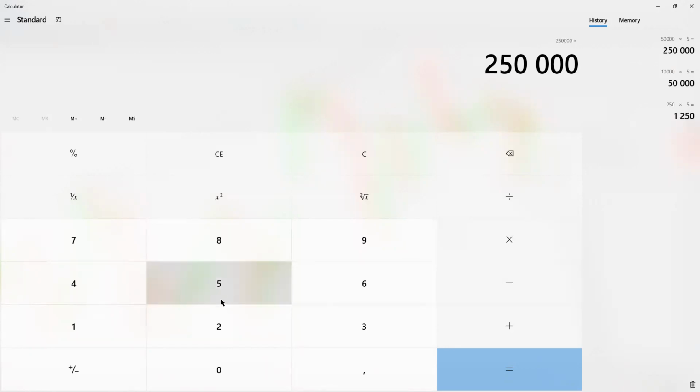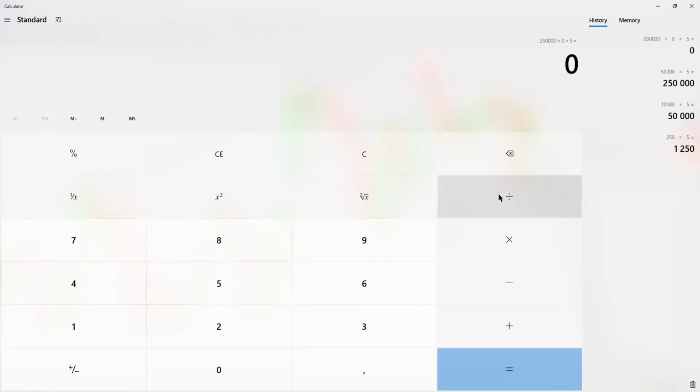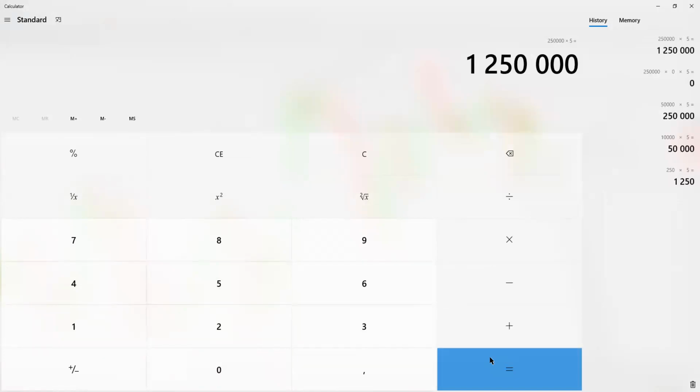So this much times 5 is gonna be, wait, I think I made a mistake. 250 times 5 equals to, you understand? This is how much you can make in a space of like 2 to 3 months.